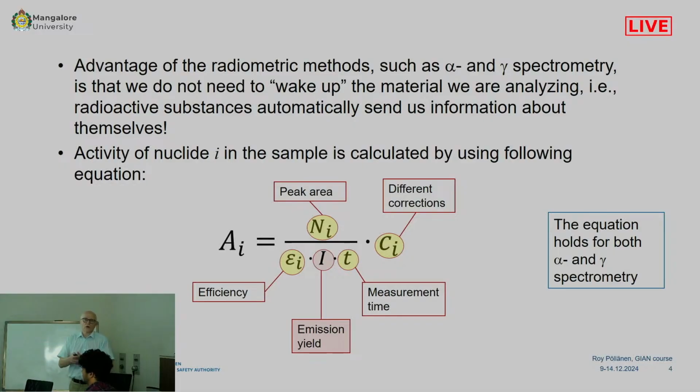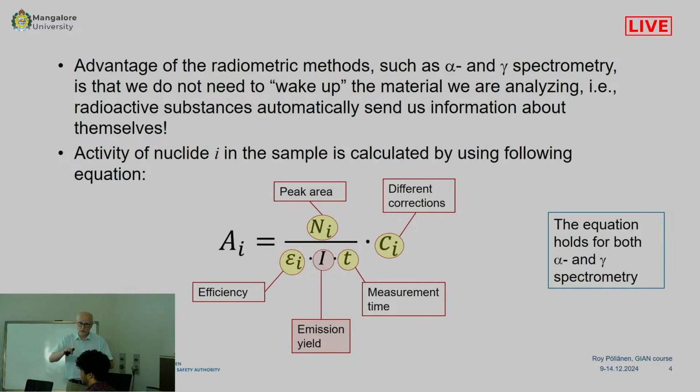And if you want to calculate the activity, you will see this equation many times during this course. But we can calculate the activity in a very simple way. And this equation holds for gamma spectrometry and alpha spectrometry. So we have to determine the peak area. We have to know the efficiency of the detector.